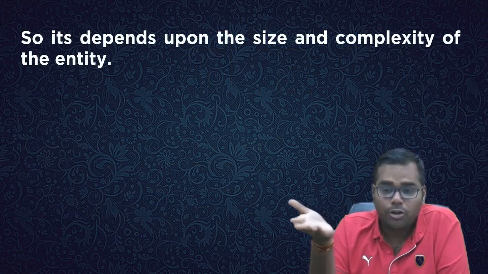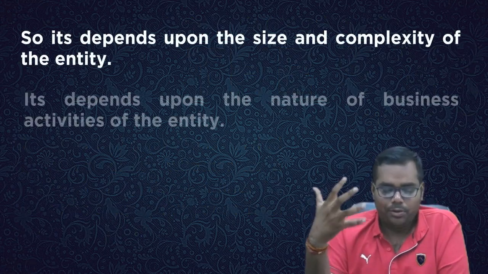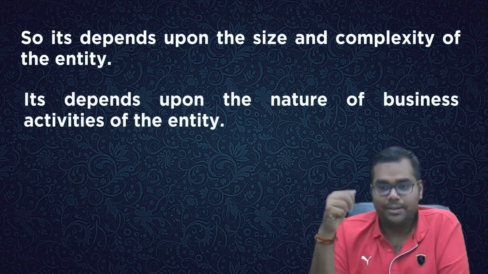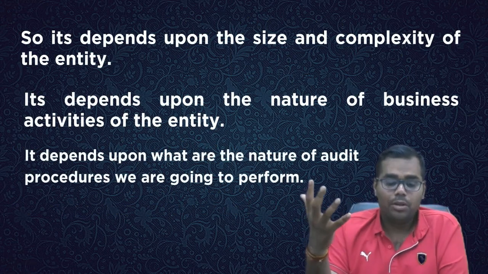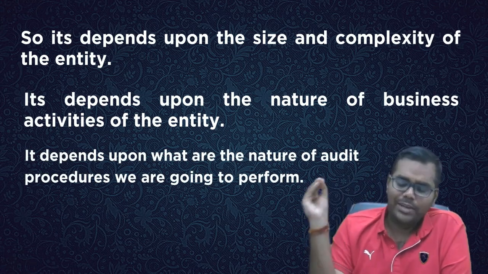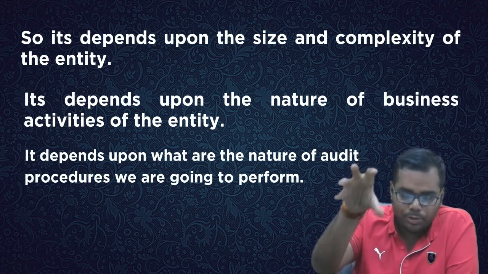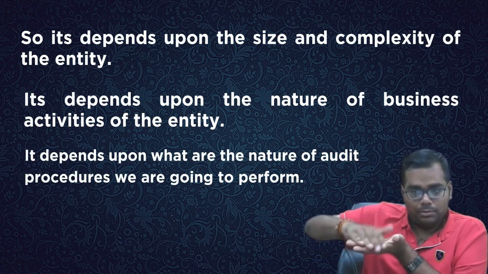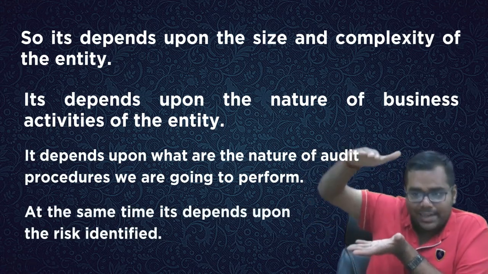So it depends upon the size and complexity of the entity, the nature of business activities of the entity, the nature of audit procedures we are going to perform, and also the risk identified.